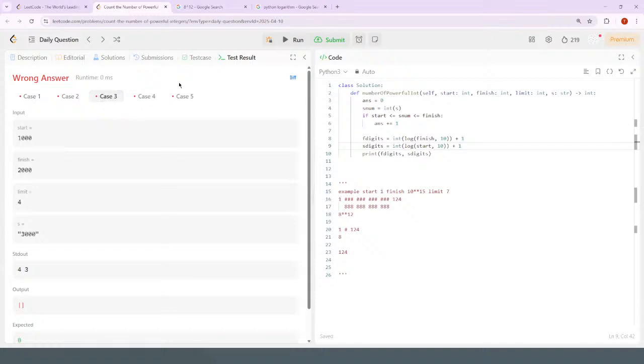Log base 10 of 10 is 1. Of 100 is 2. Of 1,000 is 3. Log base 10 of 1,000, 3 plus 1. What is going on?